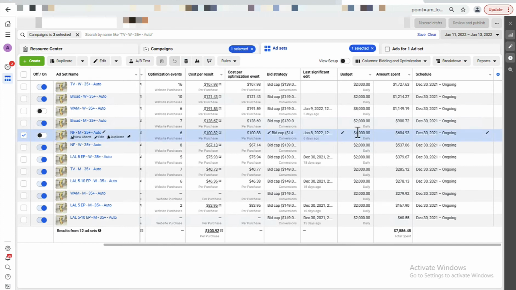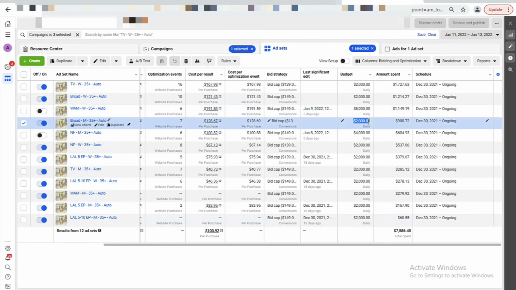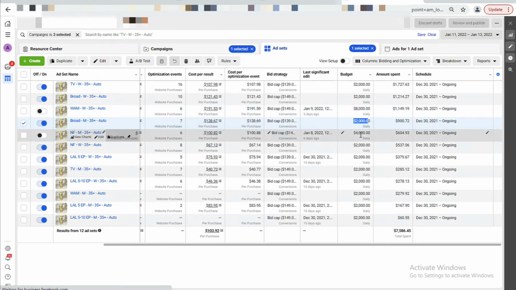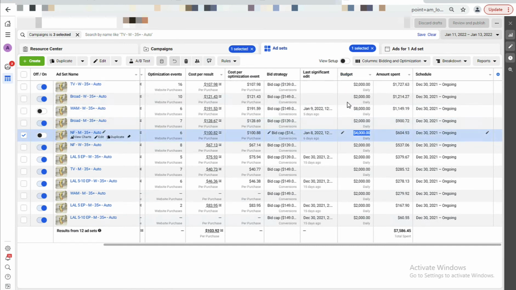And we do it again. If it does it again for a couple of days, we reduce it to the next bump, which would be 8K. That's the first double on a 4K, right? For 2K ad sets, the first double's 4K. Then it's 8K, then 16, then 32, and so on. Again, covered in the content.